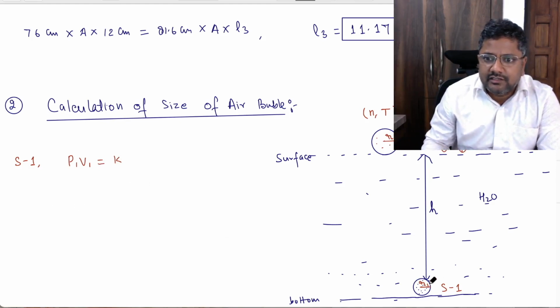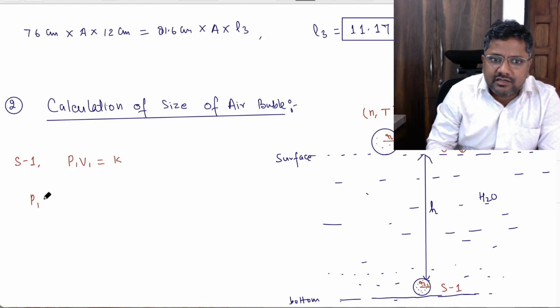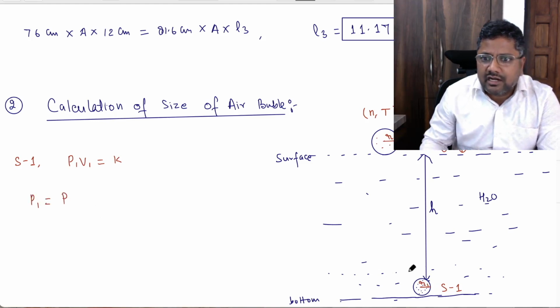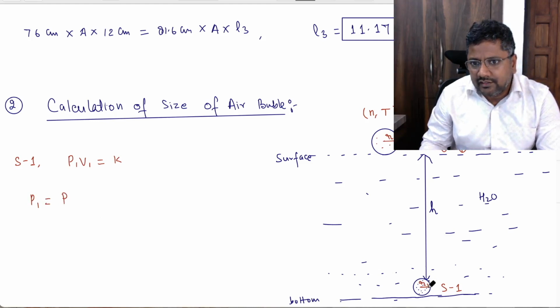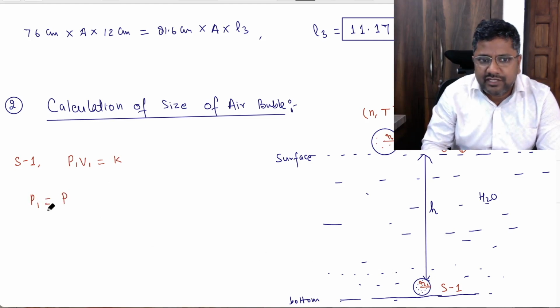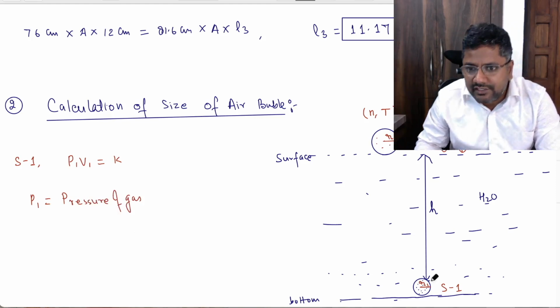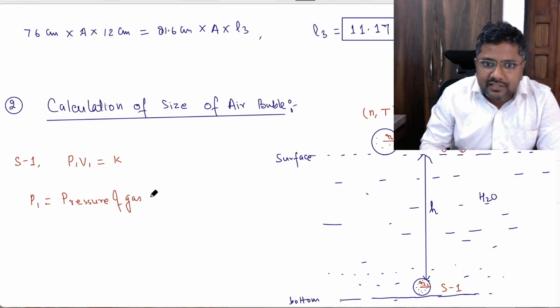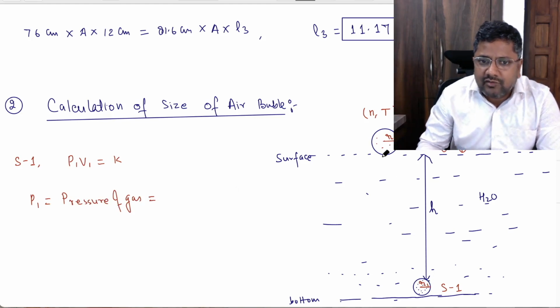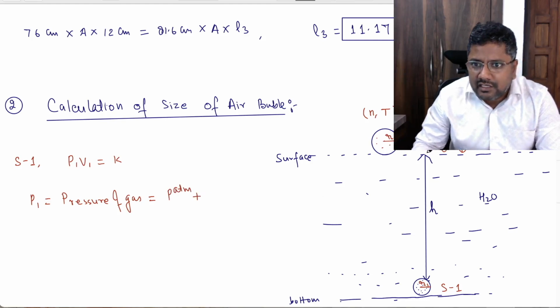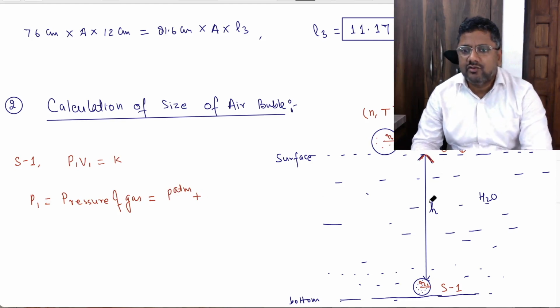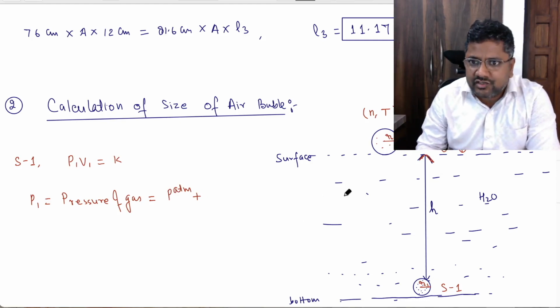So here P1 is the pressure of gas inside this bubble, that is equal to the atmospheric pressure P atm plus this water column, so rho gh.